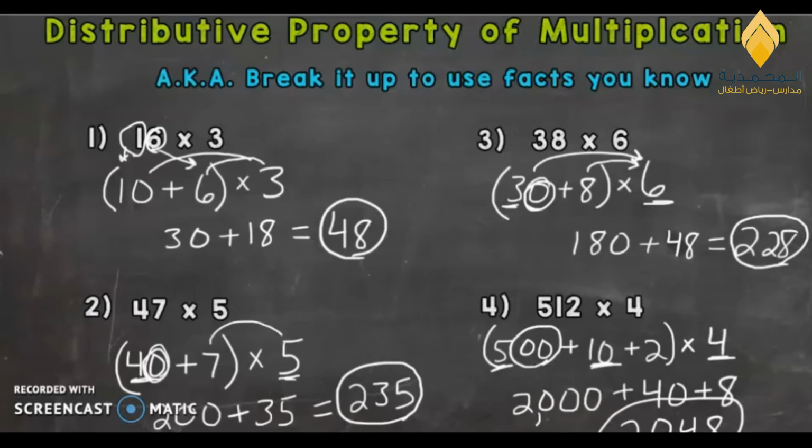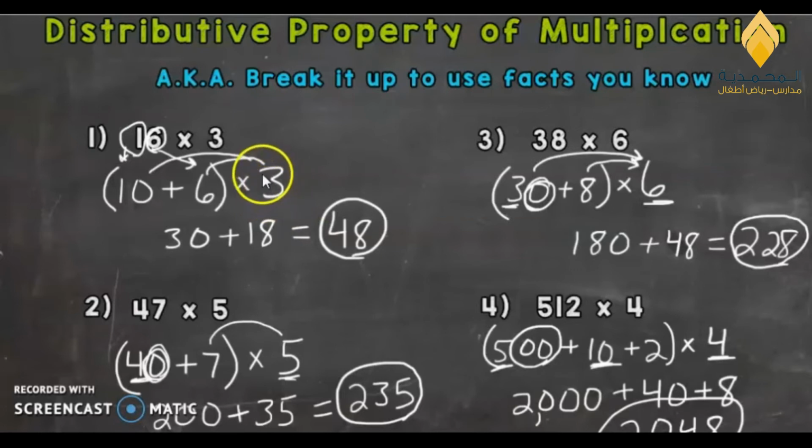Let's do some examples of the distributive property of multiplication. The first example, 16 times 3. The first step, break the 16 down into 10 plus 6. Why? Because the value of the 1 here is 10 and the value of the 6 here is 6. So 16 equals 10 plus 6. Put them between brackets, so important, don't forget, times 3.